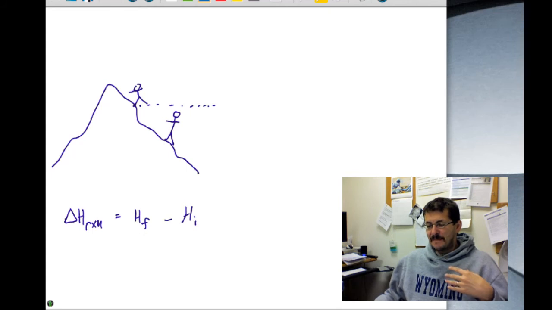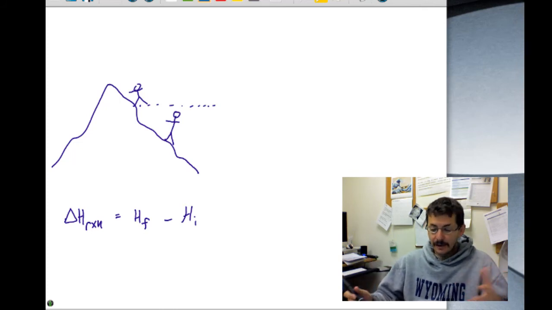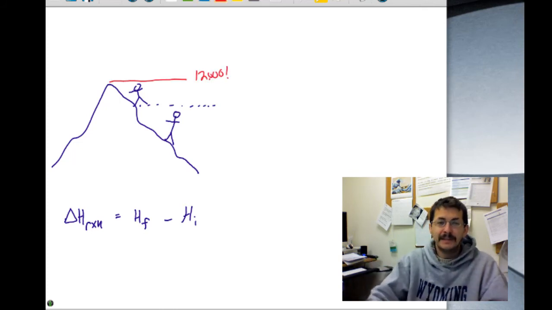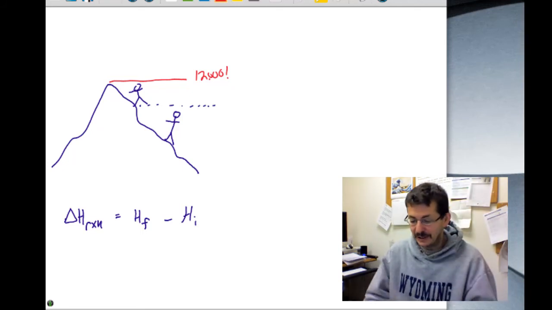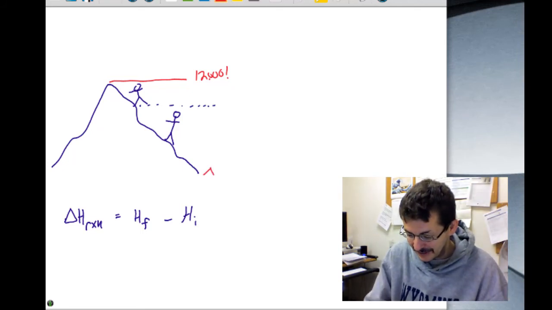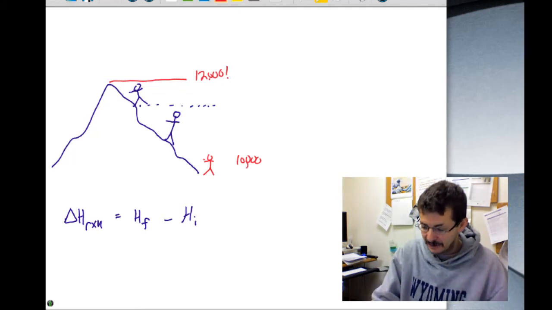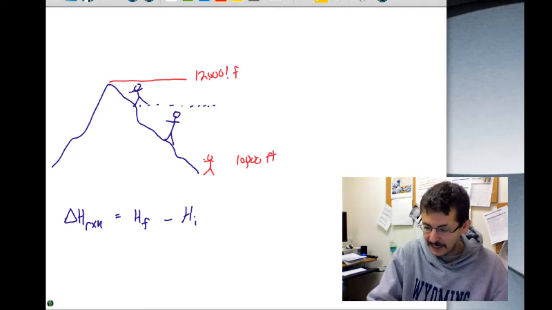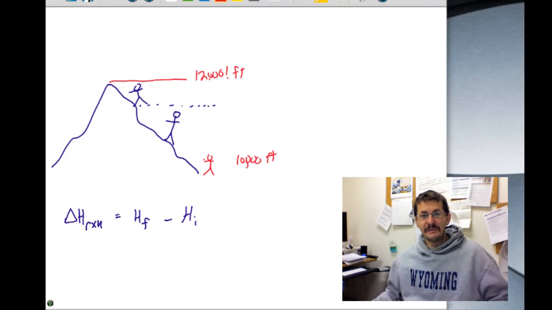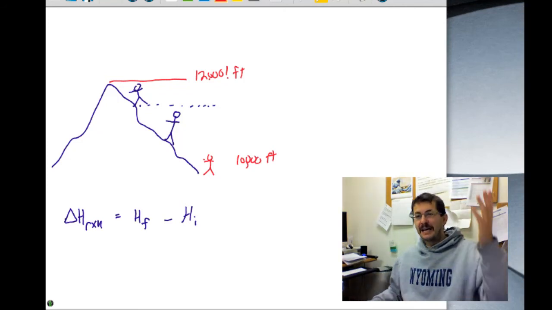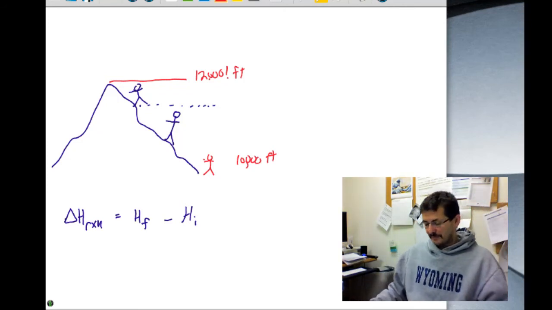So the thing is, how are you able to do this at 12,000 feet? That's the height of the mountain, 12,000 feet. But the thing is, you start at about 10,000 to begin with. So while you can say you've hiked up to a 12,000 foot peak, you've really only climbed 2,000 feet.